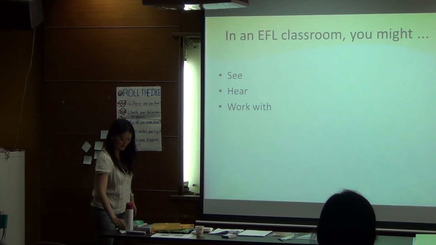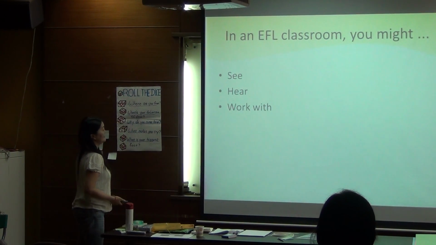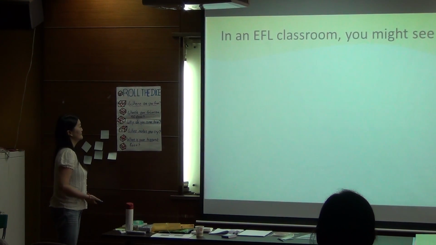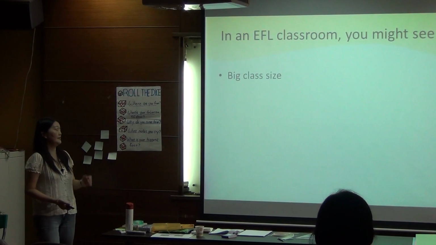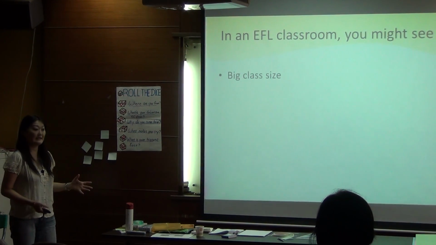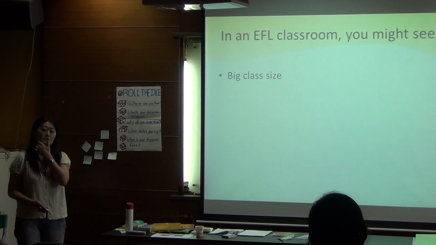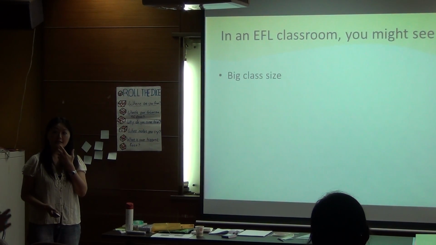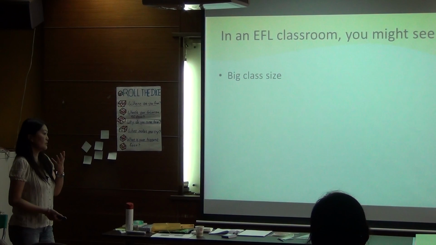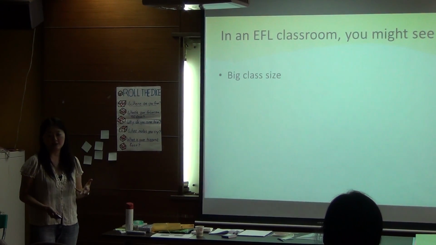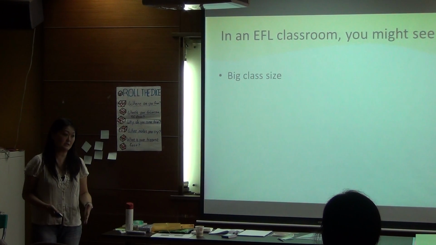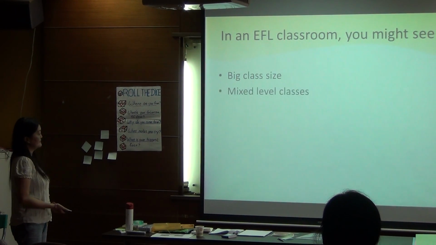Okay, so what you might see in the EFL classroom, of course, is a big class size. In Hsinchu City, there are about 28 to 30 kids per class. So before you go to your first session, you might want to work out how many groups you need, things like that.